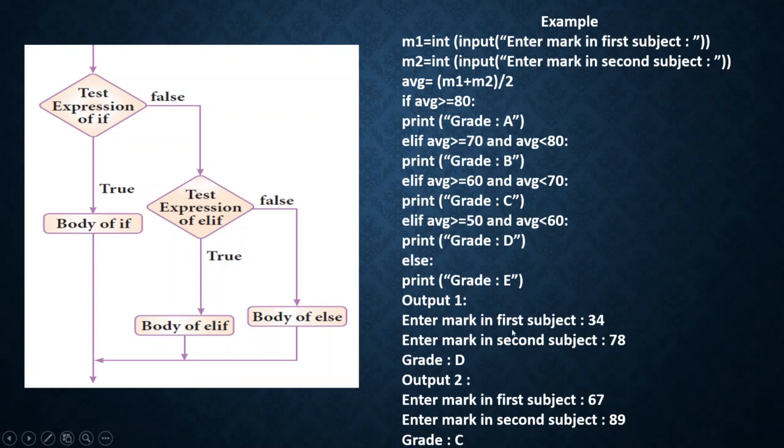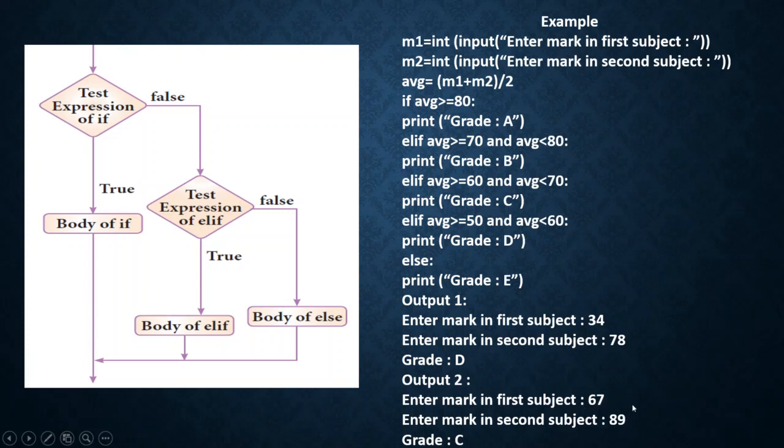So let us take an example. Entering the marks as 34 and 78, when we check the average, the grade is D. Here we check another example, 67 and 89.